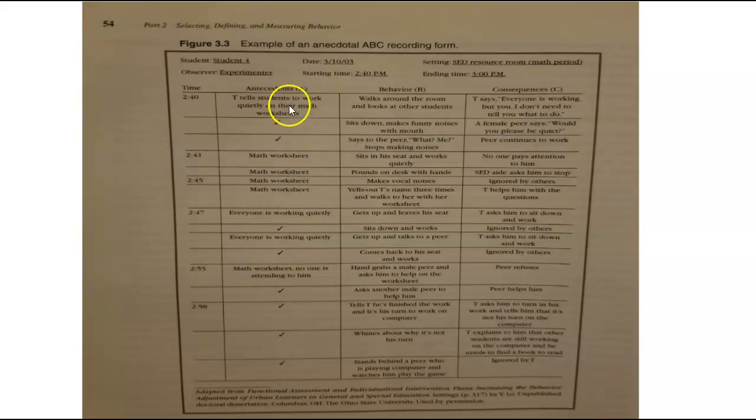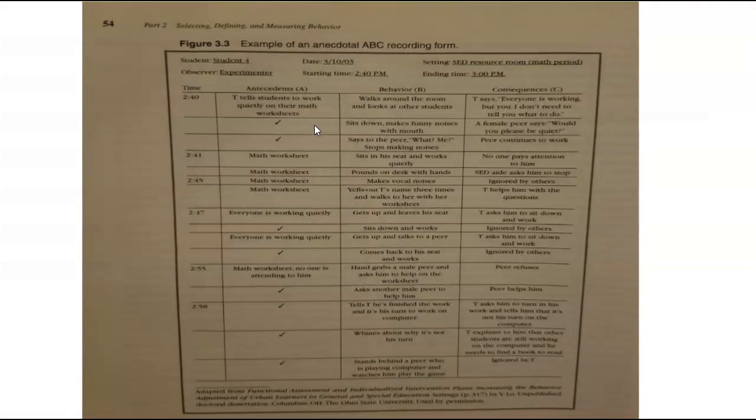If it's something that lasts for a minute or more, but the behavior keeps changing, or things are happening, they continue to tell you what happened before the behavior. Of course, the date, the start time, the end time, and the setting, math period.